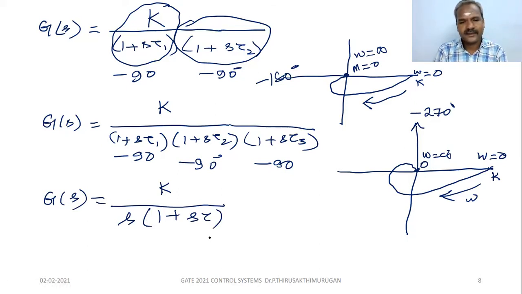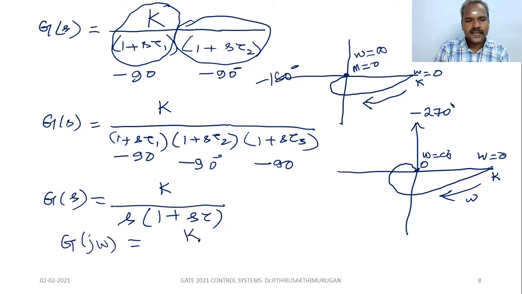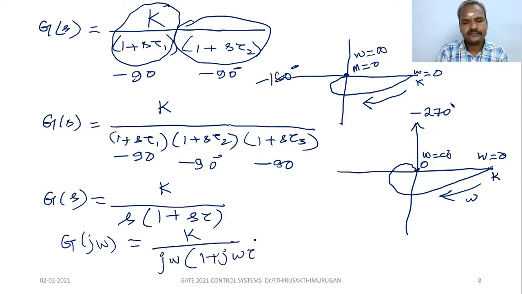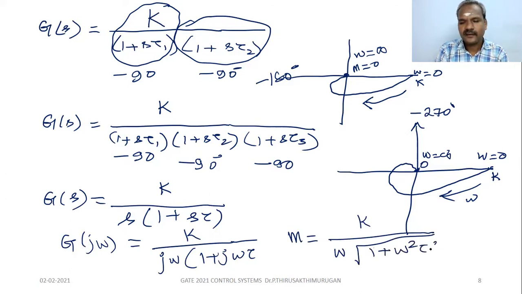Let us substitute G of j omega equal to K by j omega (1 plus j omega tau). What is the magnitude? Magnitude is K divided by omega times the square root of 1 plus omega square tau square.